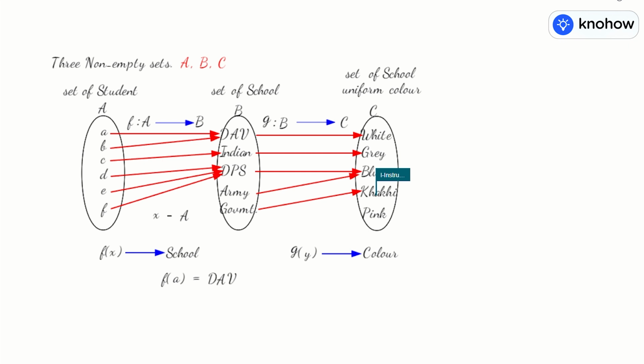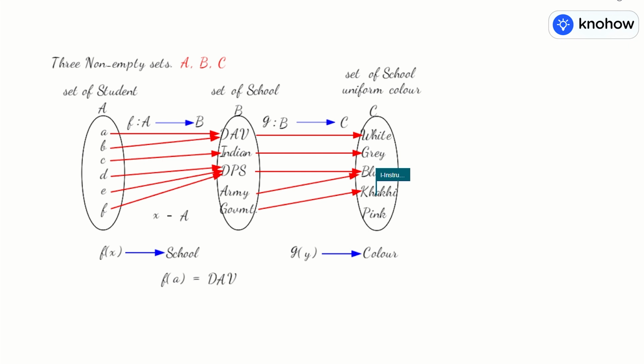So you may again verify that g is a function from set B to C because each school of set B has been assigned some particular color of uniform. Though in set C some color like pink may not be assigned to any particular school. That may happen.